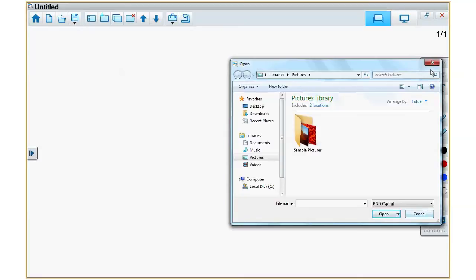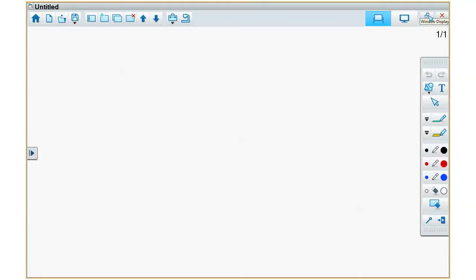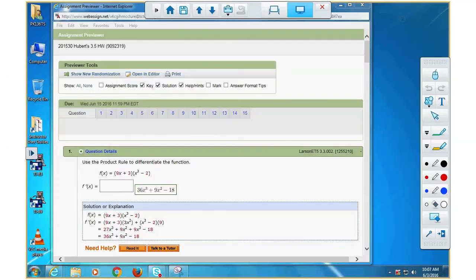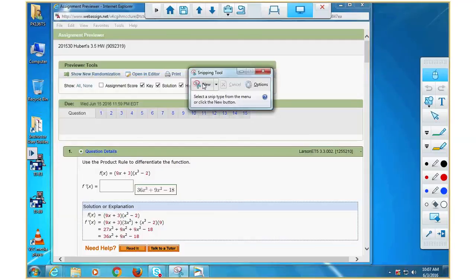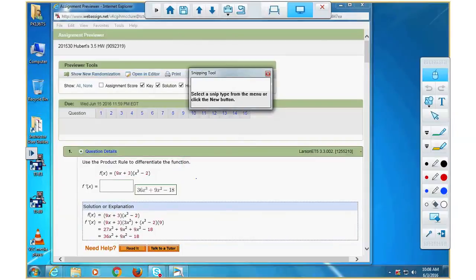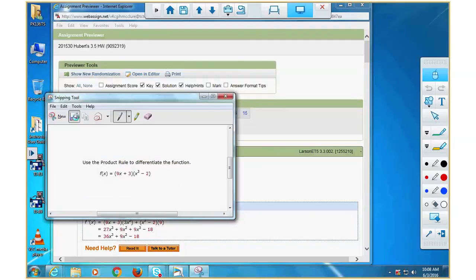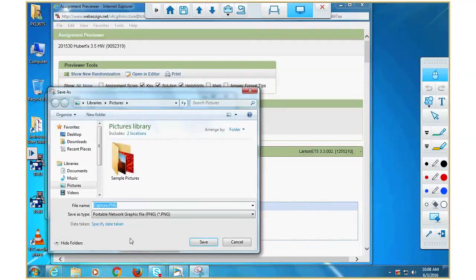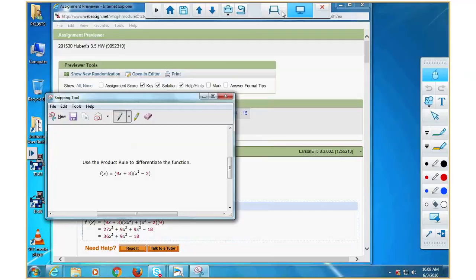Hold on. Thought I saved it. Must have hit new. There we go. Now I pull it up.